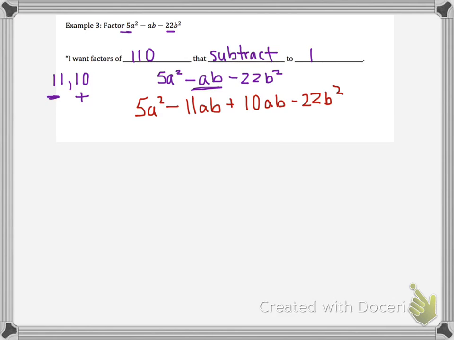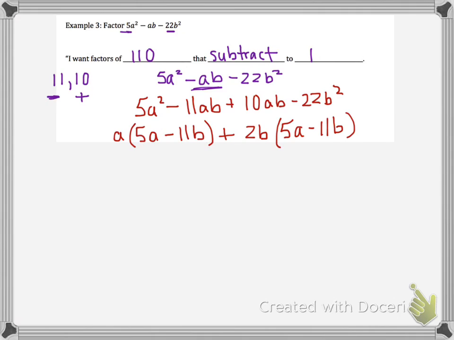And then I'm going to think through pulling out a common factor. When I look at the first two terms, my only common factor is the A. So I'm going to pull out a common factor of A, and I've got 5A minus 11B plus, and then I'm looking at these two terms, and it looks like I have a common factor of 2B, and that would give me a factor in here of 5A minus 11B.